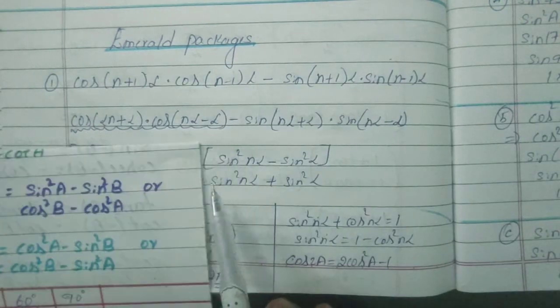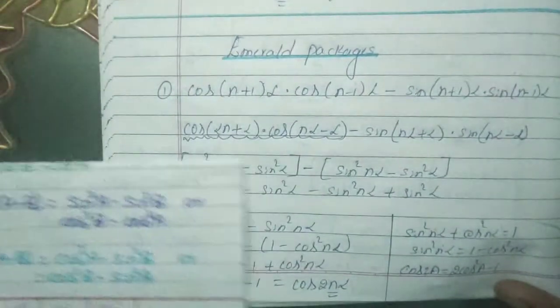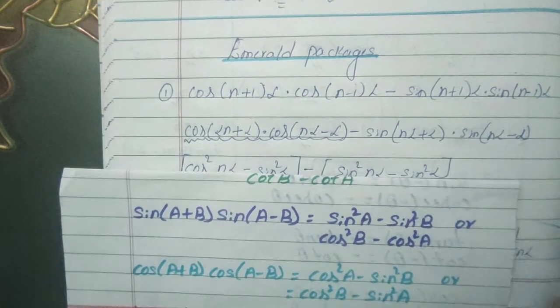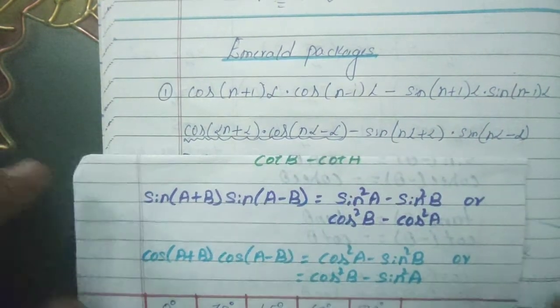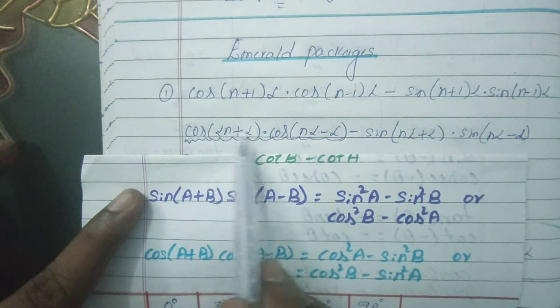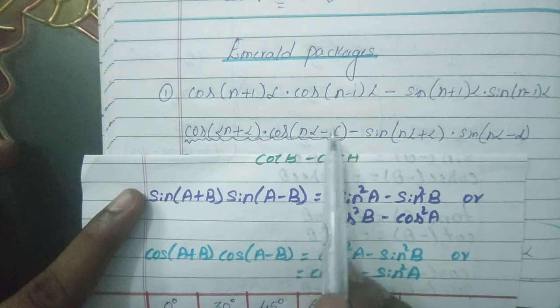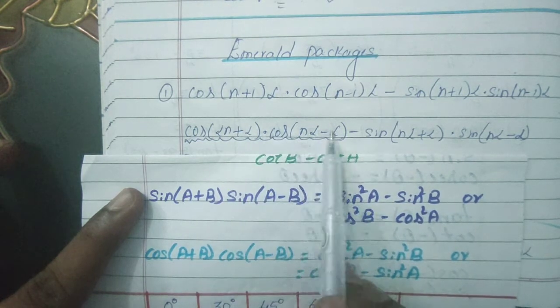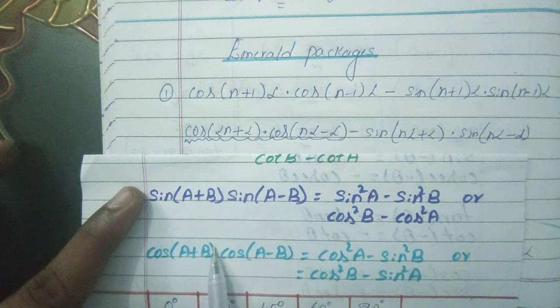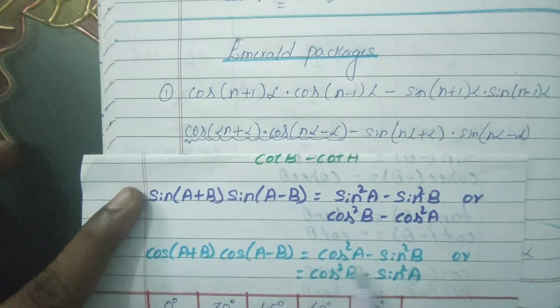See here, this is a, this is b. A plus b, a minus b. Cos(a+b) cos(a−b), what is the formula?